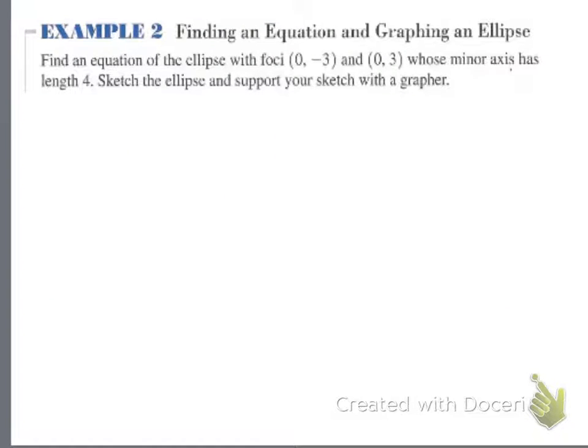Now, what happens when we have to find the equation of the ellipse, and they give us the foci, and they say the minor axis has a length of 4, and then they want us to sketch the ellipse. The foci are on the y-axis, so that means y squared is going to come first.